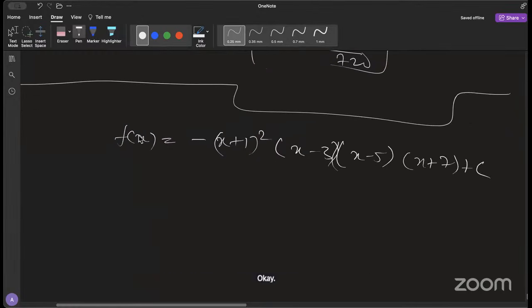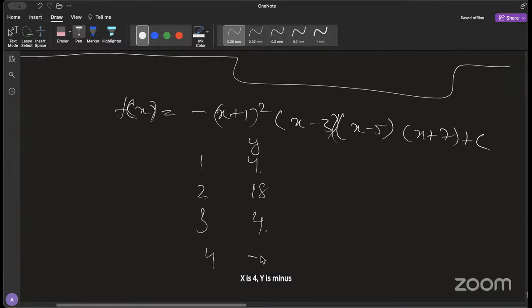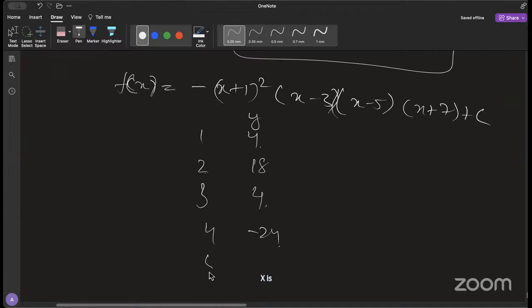The variables are x, y: when x is 1, y is 4; x is 2, y is 18; x is 3, y is 4; x is 4, y is minus 24; x is 5, and y is 3.